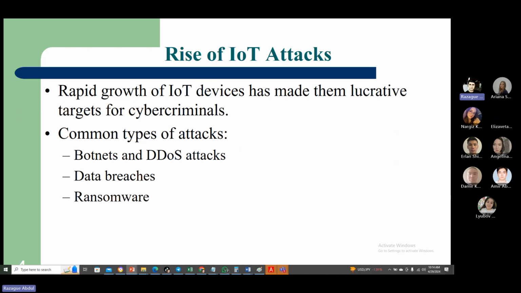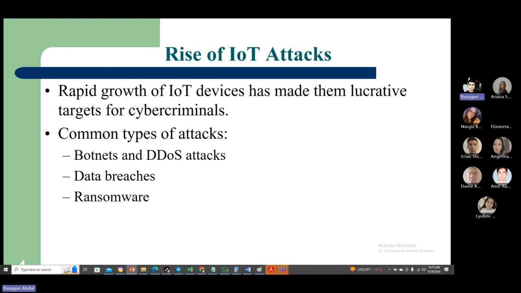First is what we usually call botnets and distributed denial of service attacks. Botnets are networks of compromised devices. Those devices are controlled by malicious actors, often without the knowledge of their owners.